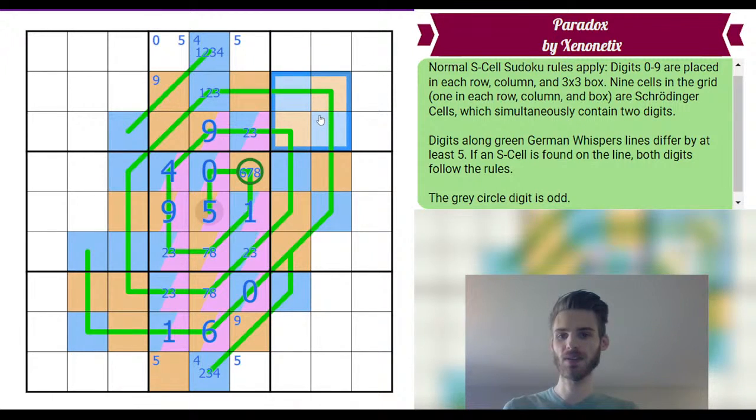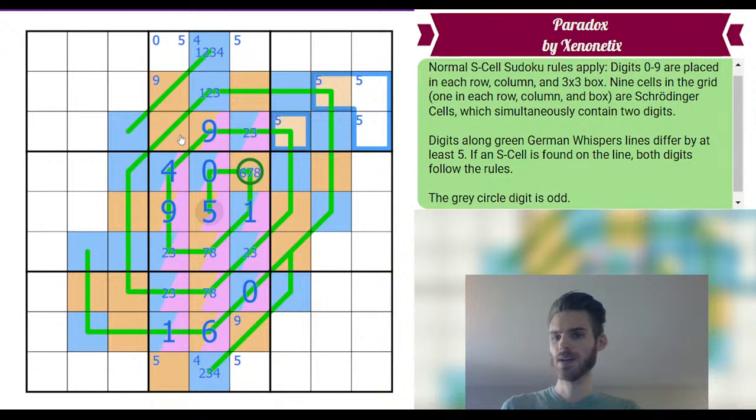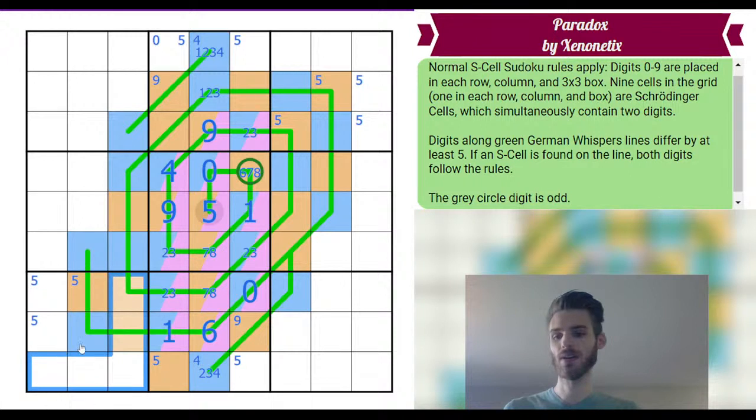Unfortunately, 5 can go in these 2 cells. 5 can't go there. 5 can't go here. 5 can go here, unfortunately, so 5 is not here or there, of course, because 5 is not a low digit.